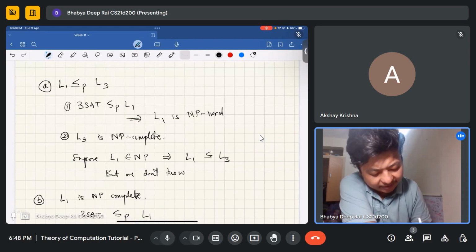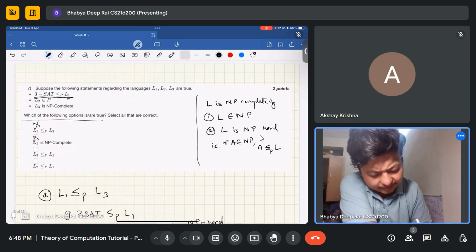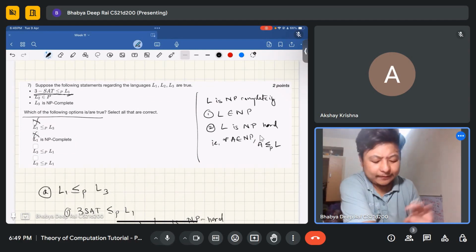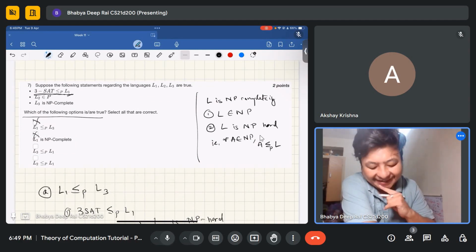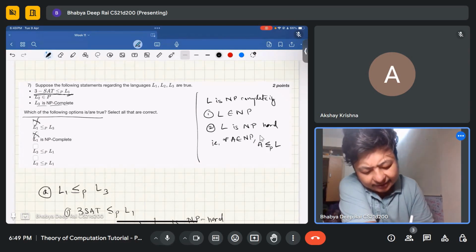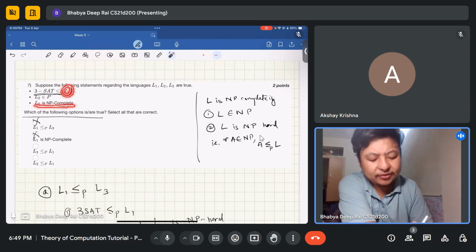L3 is NP-complete. L1 reduces to L3. Okay, next, L3 reduces to L1. Is that true? Well, that is true. Why?